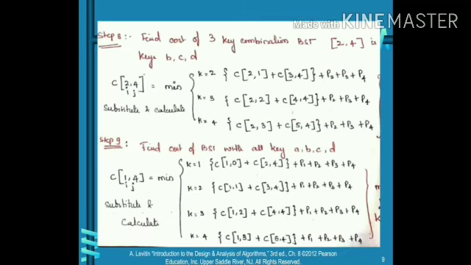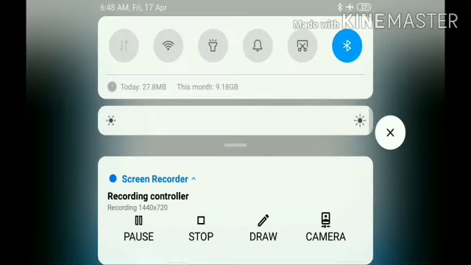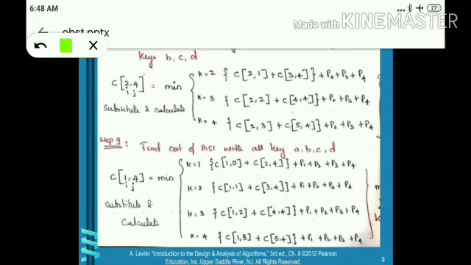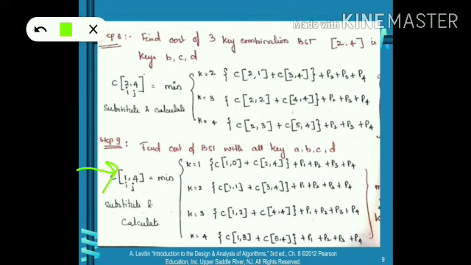Once you are done with finding the cost of binary search trees with 3 possible keys, the next time try to find out the cost of a binary search tree which has all 4 keys in it.